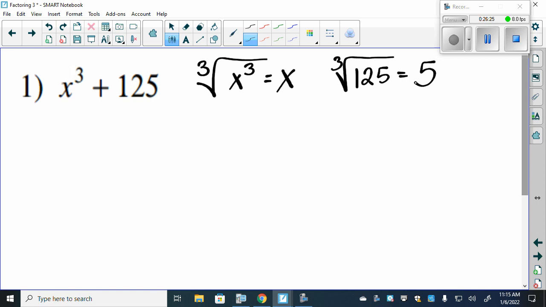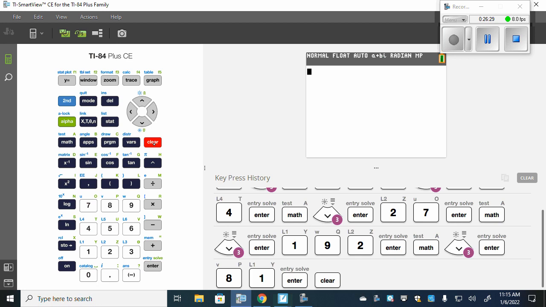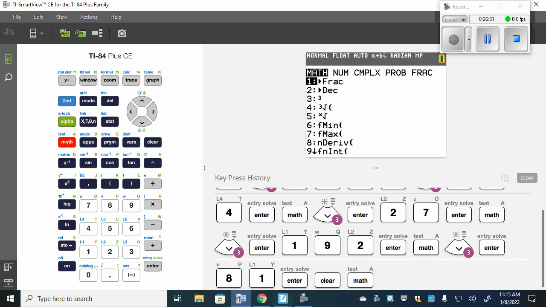Now the way that we can do this in the calculator is if we go to math and down to the fourth one, the 3 radical will be the cubed root. The one below it is the nth root, so we can put whatever number we want in for x. So if we want to take the 4th root, 5th root, or 27th root, we would do the one below it.